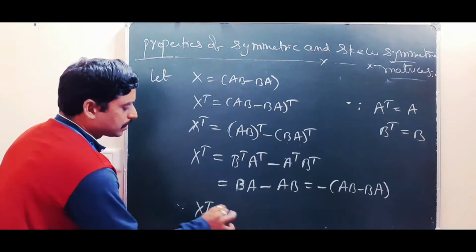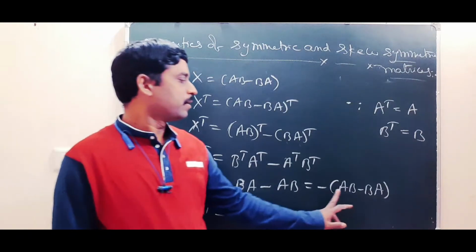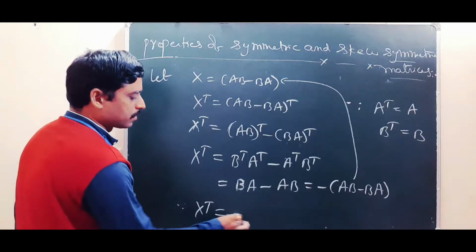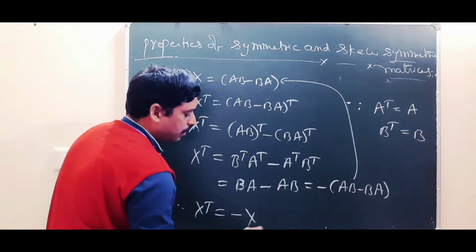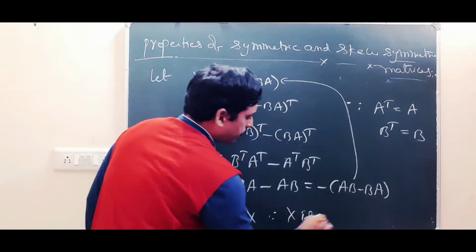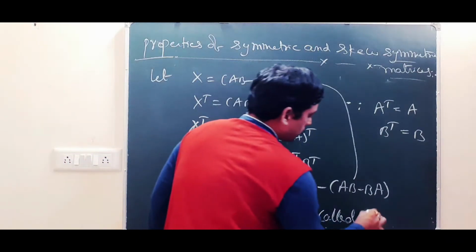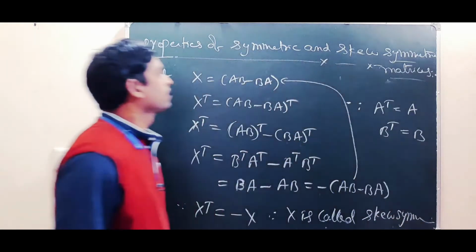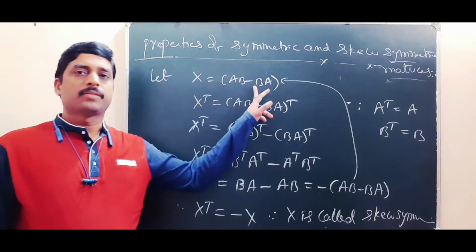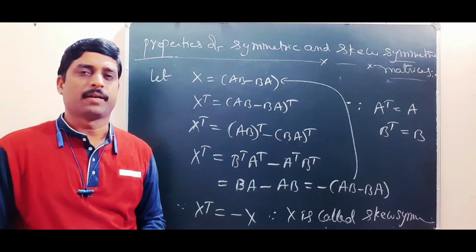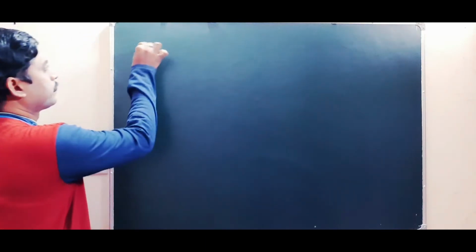AB minus BA is nothing but X. So transpose of X equal to minus X, therefore X is called a skew symmetric matrix. So AB minus BA is a skew symmetric matrix when A and B are symmetric matrices.